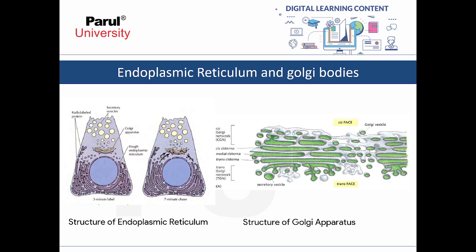The biosynthetic secretory pathway leads outward from the endoplasmic reticulum towards the Golgi apparatus and cell surface, with a side route leading to lysosomes, while the endocytic pathway leads inward from the plasma membrane.